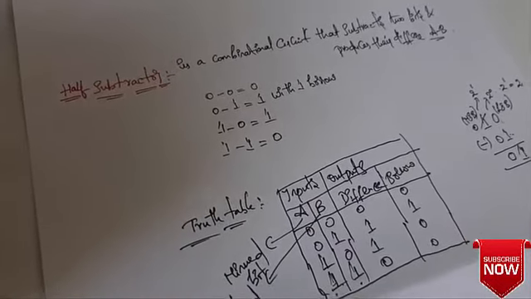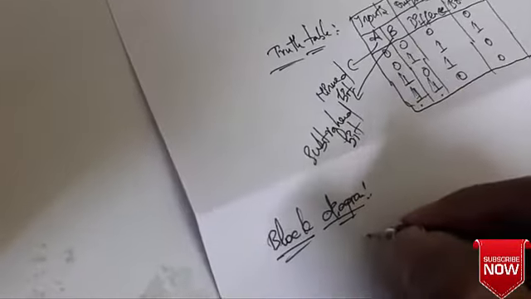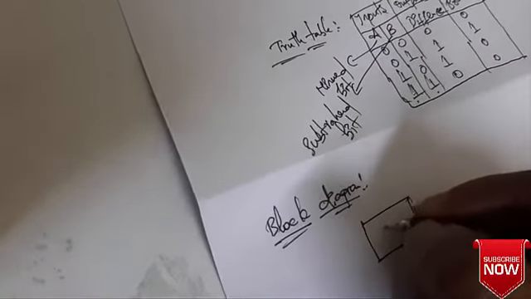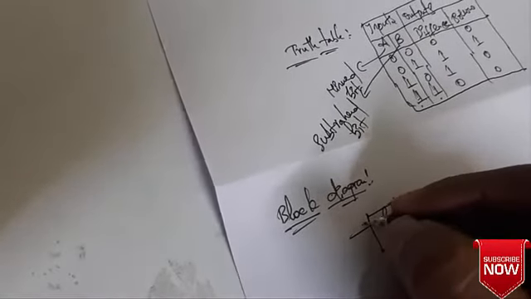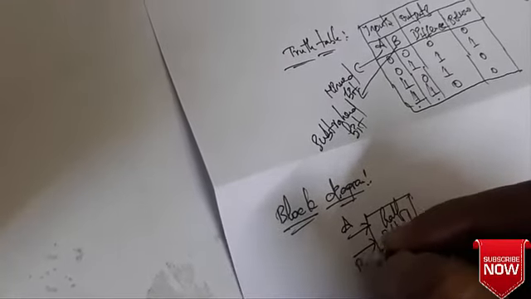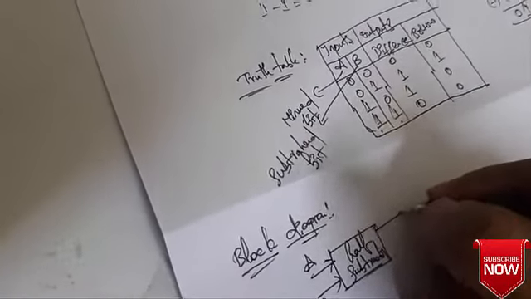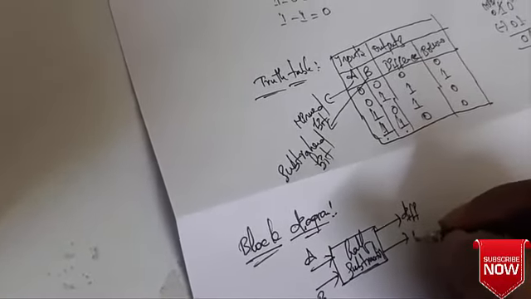Now let's see the block diagram for the half subtractor. This will be the half subtractor. The inputs are A and B, and here you will get the difference and here you will get the borrow.